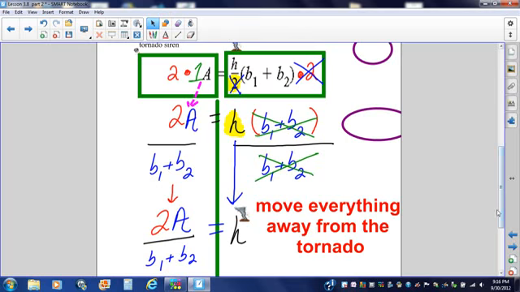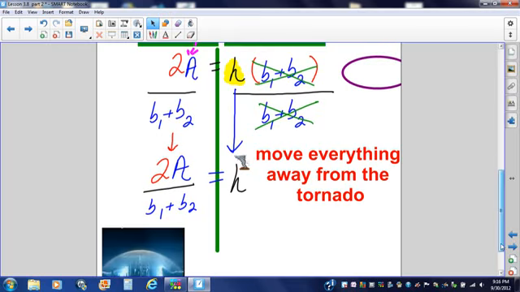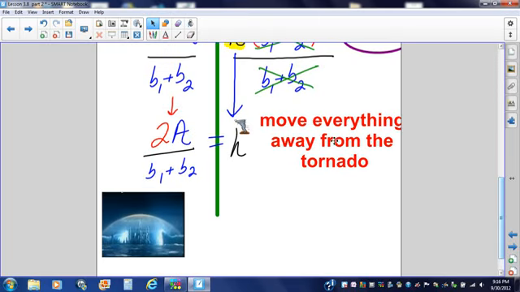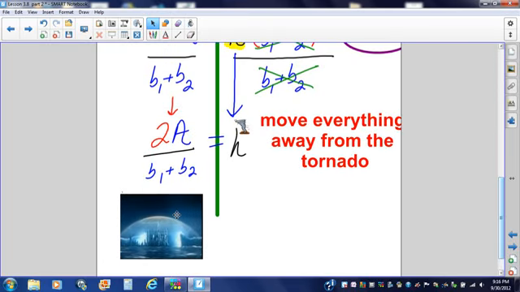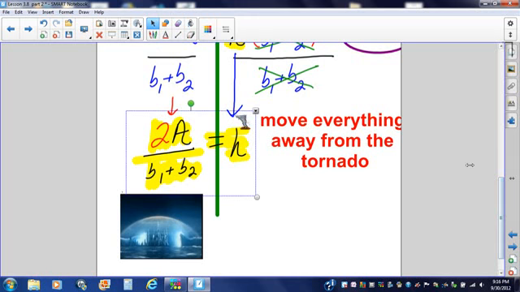So ask yourself, have we moved everything away from the tornado? Absolutely. We're going to activate our force field. The tornado cannot get to the other side. So the answer to this little equation is right here: h is going to equal 2a divided by b1 plus b2. You stop when the tornado is all by itself.